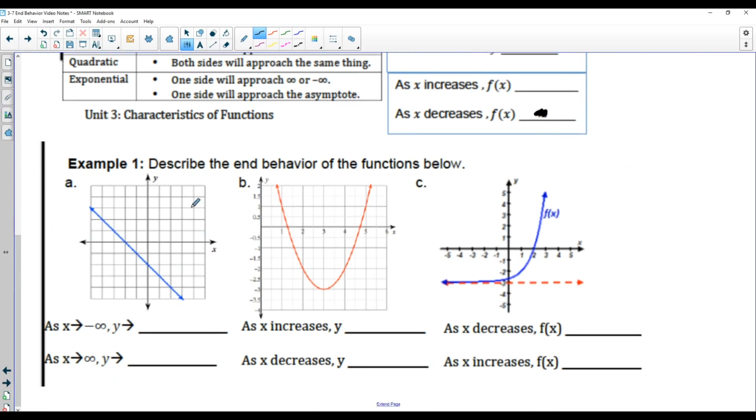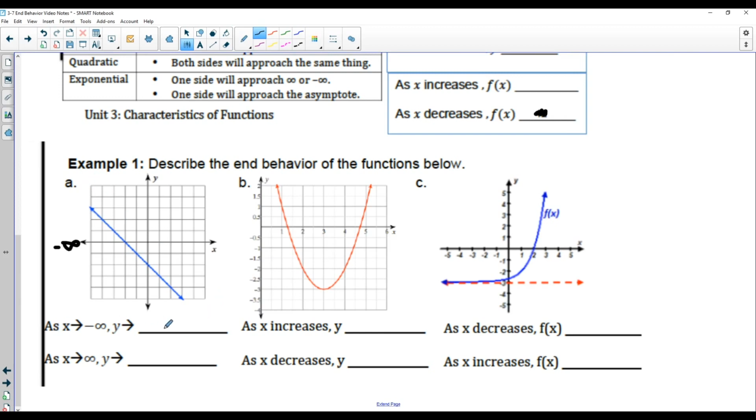This first one, we've got a linear function because it's a line. It says as x approaches negative infinity, y blank. So I'm going to look at my graph, and I remember x is negative infinity over here. As my x values go this way, what are my y values doing? Well, as x is getting smaller, y is going up. This thing is pointing upwards.